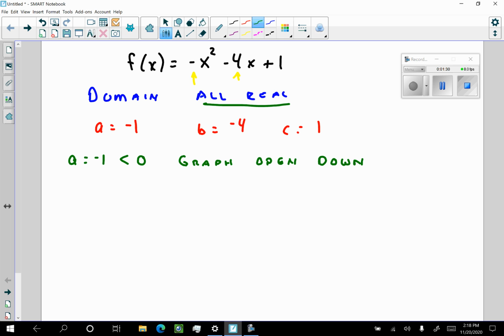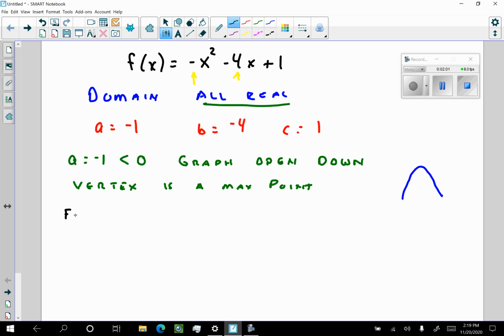It opens down, therefore the vertex, and if I do a little sketch, and this is always just as an aid, if I do a little sketch of something that opens down, I can say right off the bat the vertex is a max point. So I know since A is negative 1, which is less than 0, the graph opens down, the vertex is a maximum point. So it only makes sense.